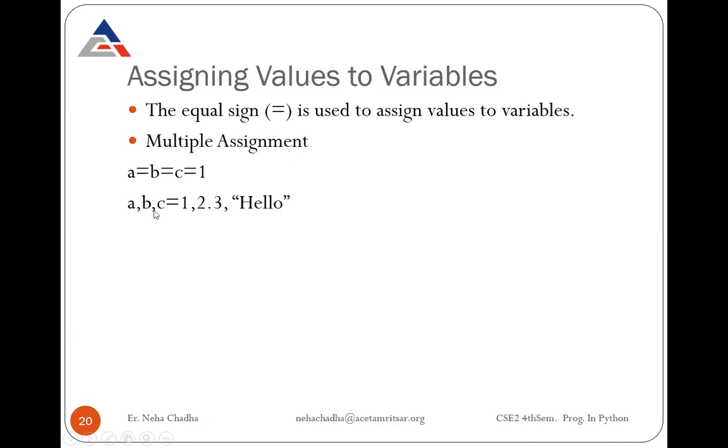But if you want B as a float type and C as a string type, then what will you do here? You will declare A comma B comma C as 1, 2.3, that is a floating value, and you can give a string in C as hello. This is called multiple assignment.